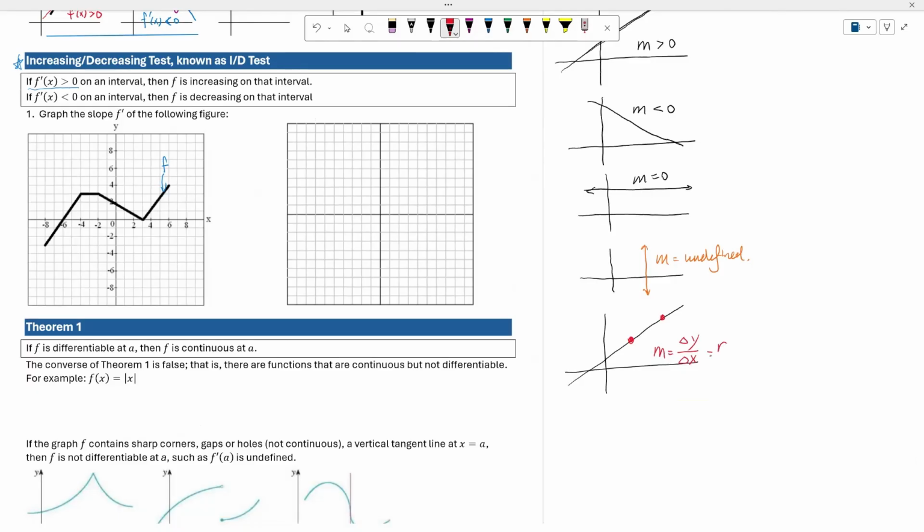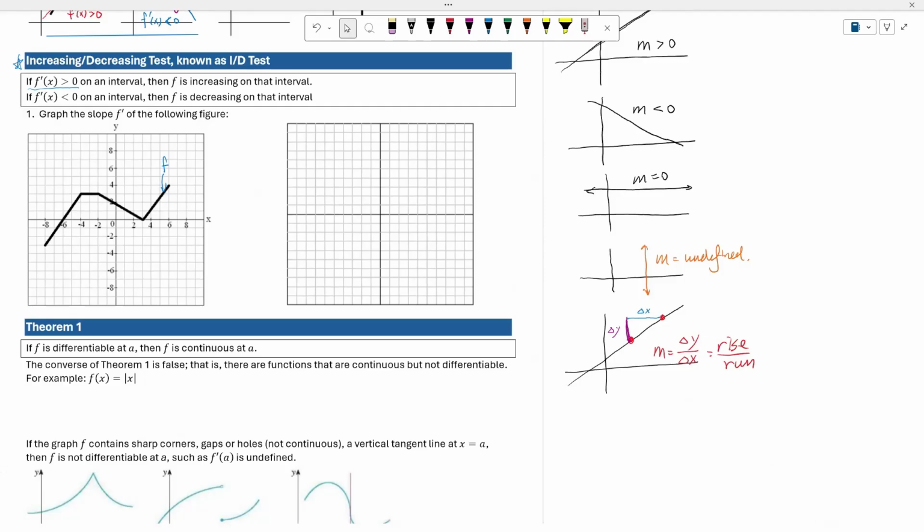That means it is rise over run. For example, from this point to this point, the change in the y direction is that many units over the change in the x direction, that many units.